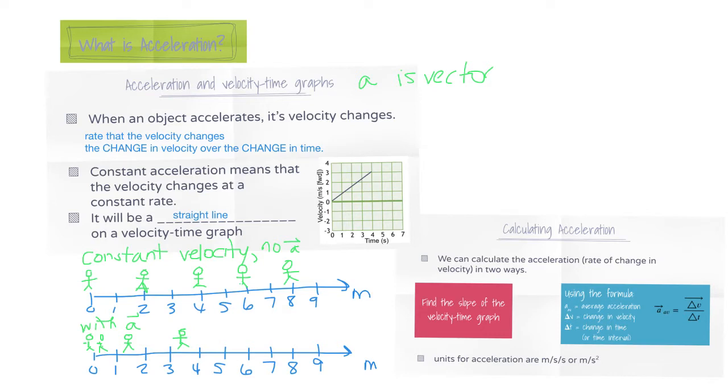Let's say they go 4 meters, so they'll be at 7.5. So what we see is that as that person gets faster and faster, the distance they go every second is increasing. These diagrams are really helpful.